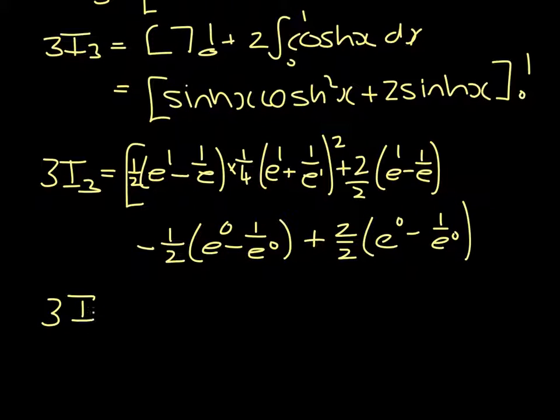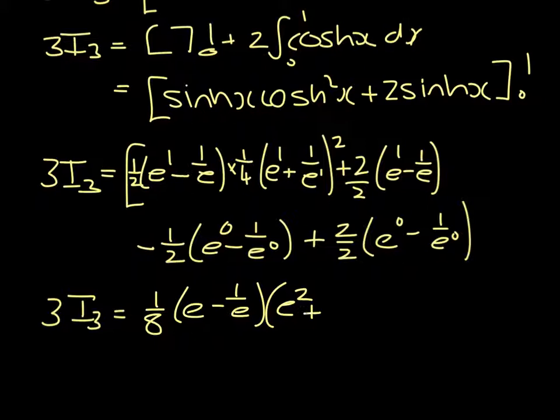So 3 I3 equals just this first section, which we're going to have to evaluate. 1/2 times 1/4 is 1/8, and we have e minus 1 over e. The next bracket squared will be e squared plus 2 times the product of the terms, which will be 1, plus 1 over e squared, plus e minus 1 over e.